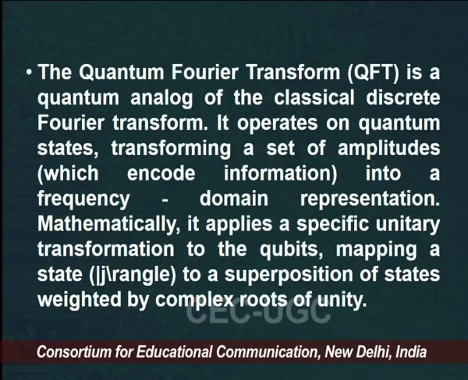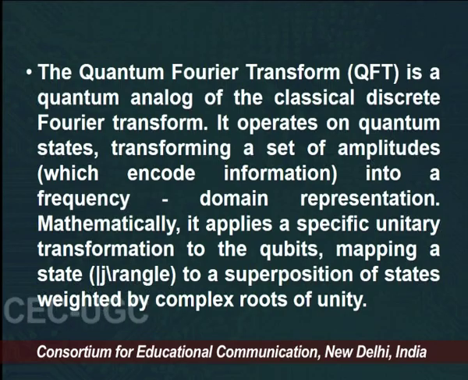So, QFT is a quantum analog of the classical discrete Fourier transform. It operates on a quantum state, transforming a set of amplitudes into frequencies. It just transforms the set of amplitudes into the frequency.